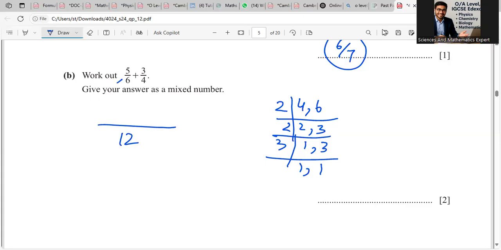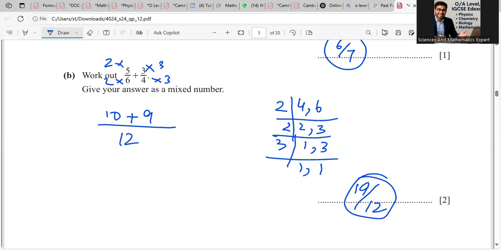So for making 12, multiply by 3 over there and by 2 over there. Denominators are the same now, and I can simplify this. That will be 10 plus 9, and I am getting 19 by 12.